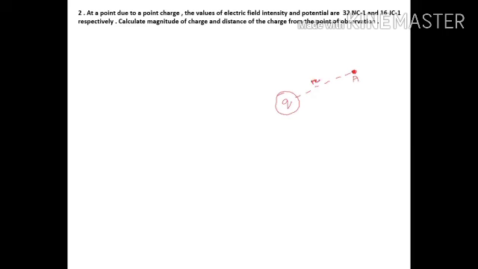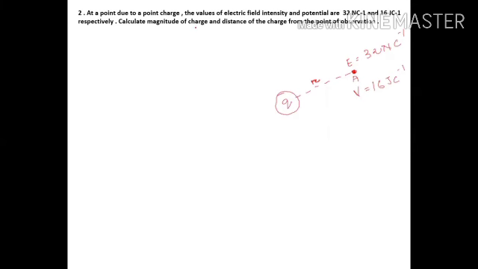Okay. So at this point A, the electric field value is mentioned. It is 32 Newton coulomb inverse, and potential is 16 joule coulomb inverse. Okay, so these are your values of electric field and potential.